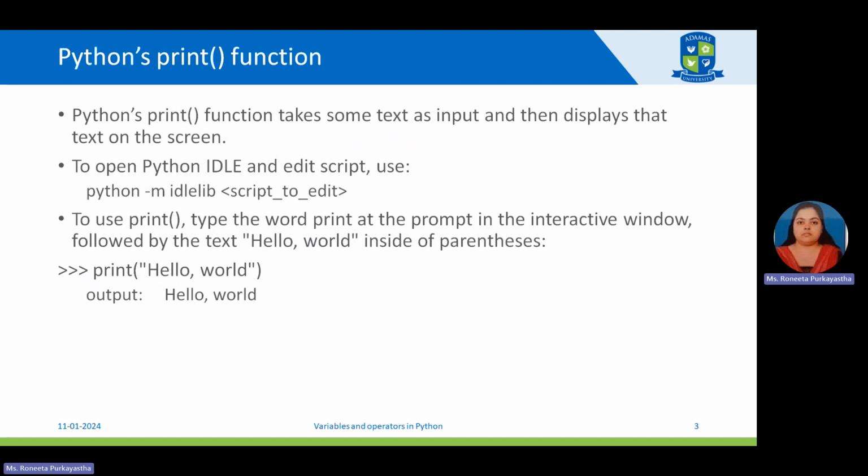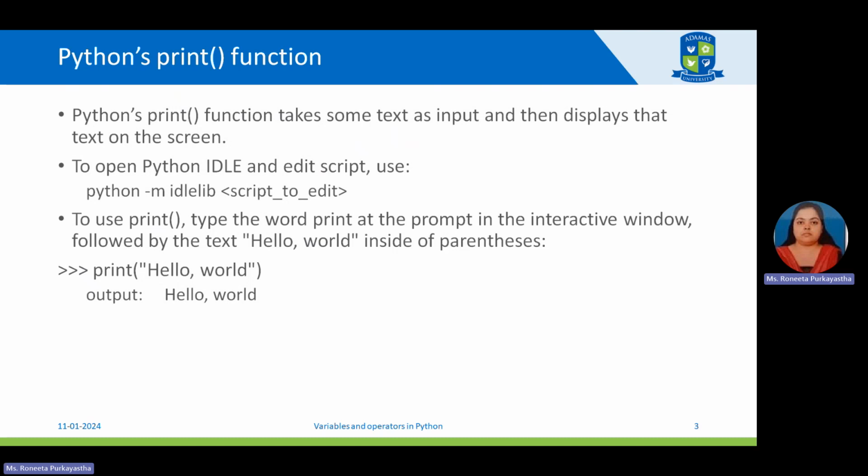To display any message or any type of data, we generally use the print function in Python. We know that in C or C++, you need to include the library or the package that you are using.